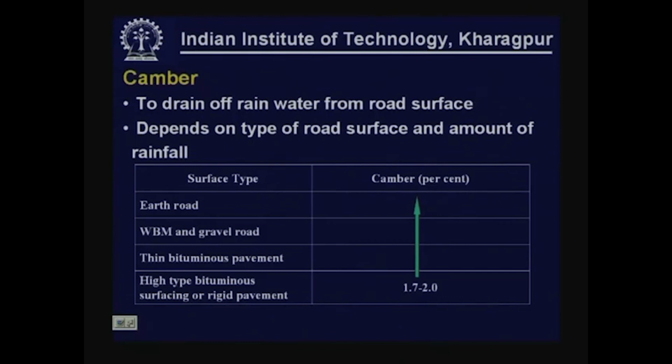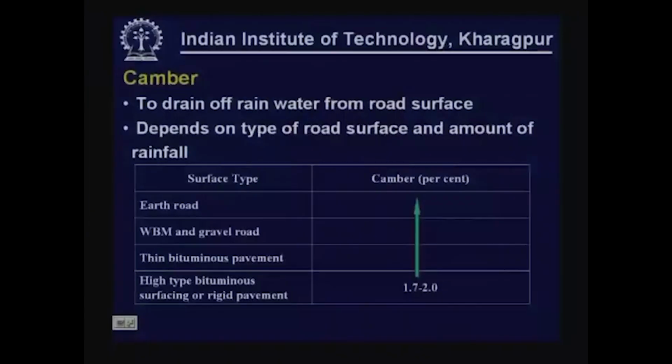It also depends on the amount of rainfall. So, given a type of pavement surface, the requirement of cross slope will also depend on the amount of rainfall in that area. For areas where rainfall is heavy, obviously the requirement of cross slope will be slightly higher.